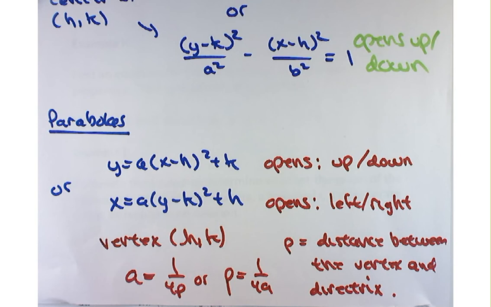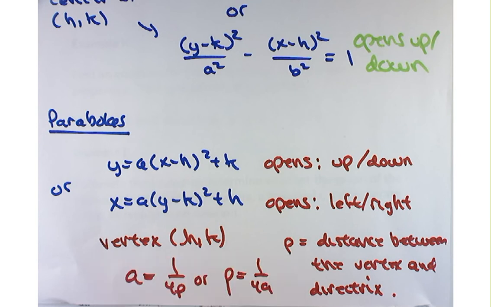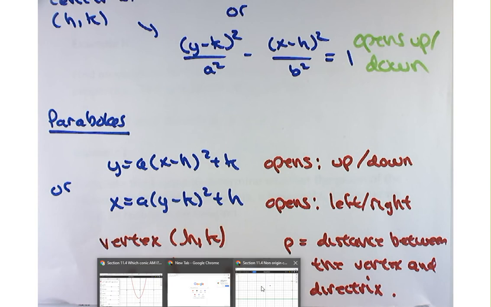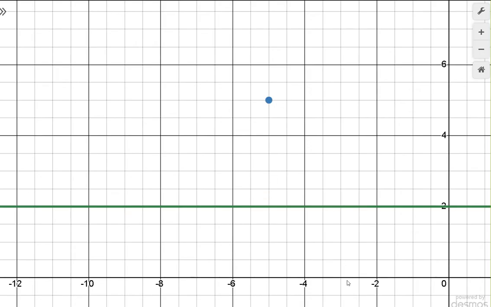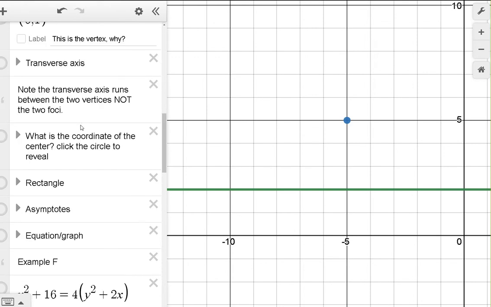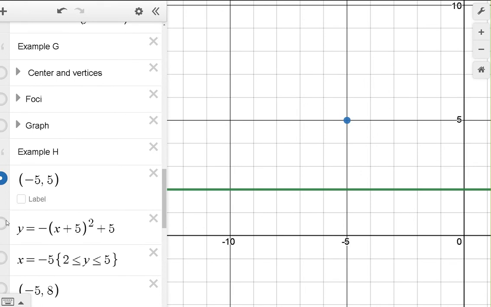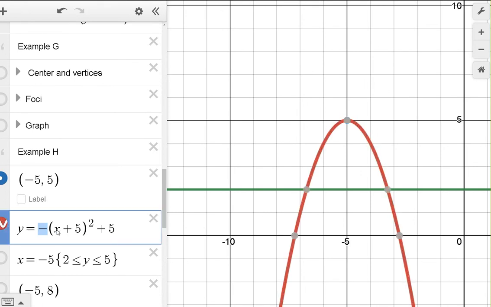Anyone? What you got? Yeah, it has to open up, right? Good job. So let's look back at that. It has to open up because if it opened down, then it would open through the directrix. So if you had something that opened down, if you had a negative out in front of an x squared term, it's going to cross through the directrix.